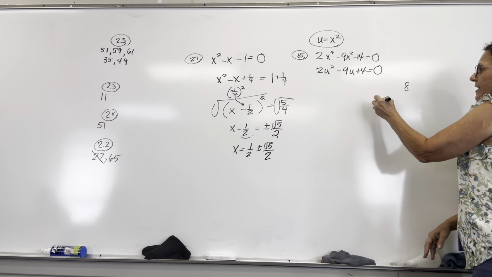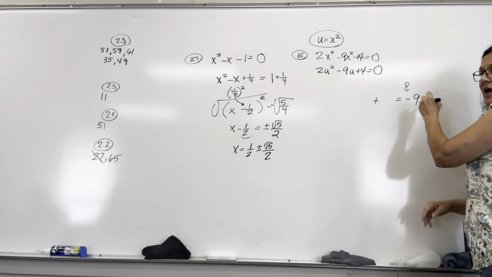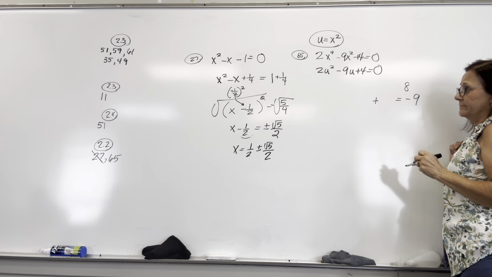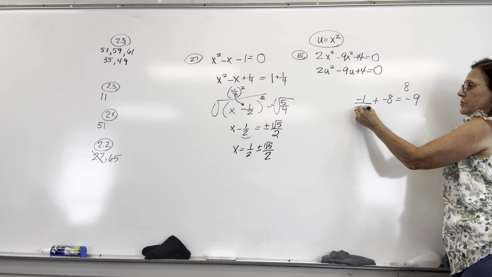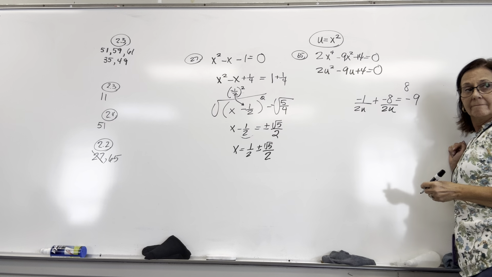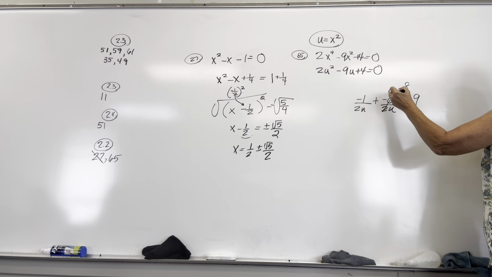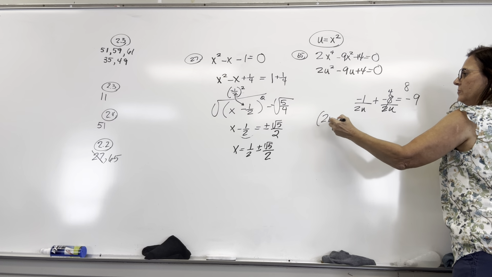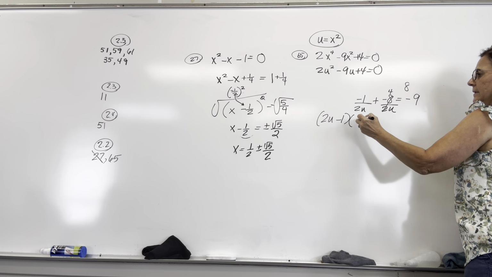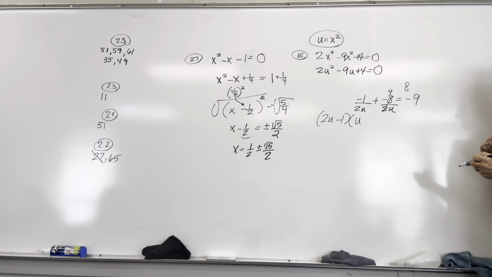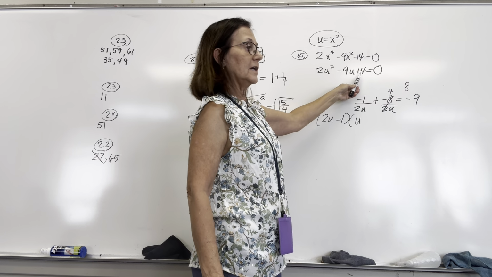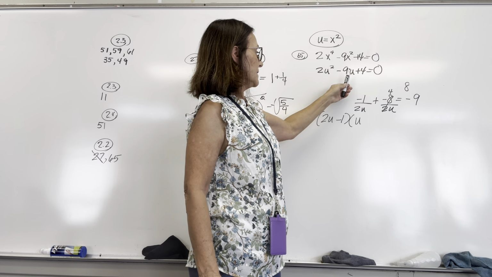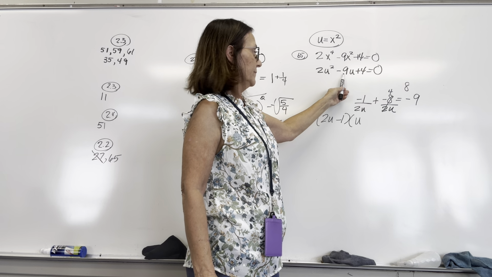Now we factor: the product of a times c, which is 8, such that we add them and the result is negative 9.